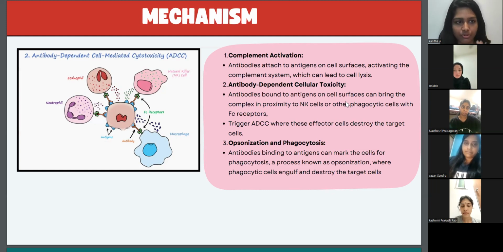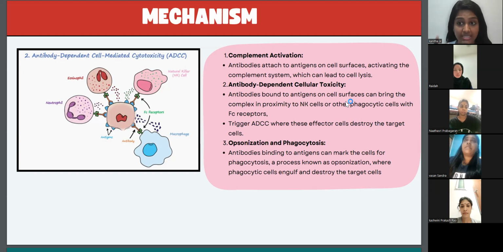The mechanism involves three key steps. The first one is complement activation. Antibodies attach to antigens on the cell surface, which activates the complement system. Next, antibody-dependent cellular cytotoxicity. Antibodies bound to antigens on the cell surface come into proximity with NK cells or other cells with Fc receptors.